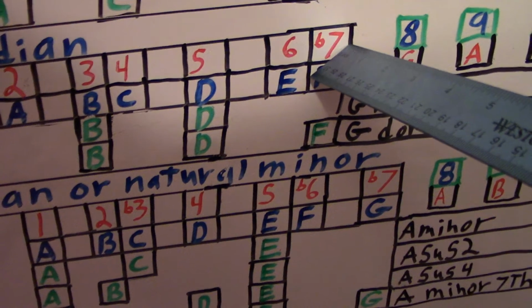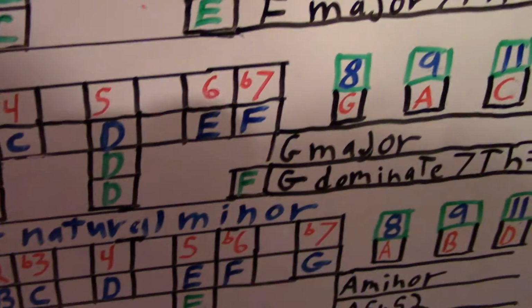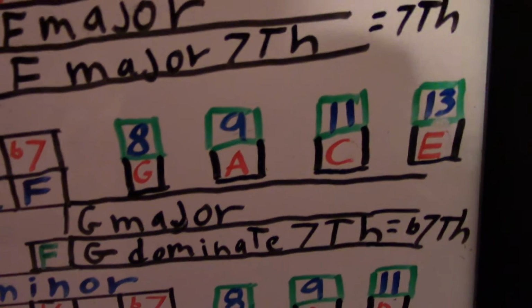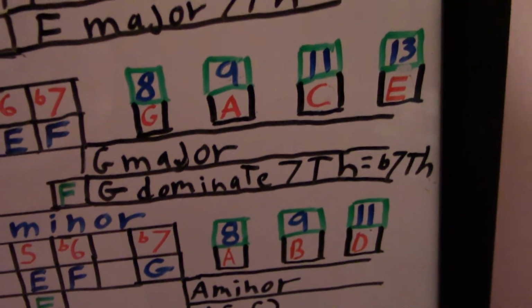And what is that? The root, third, fifth, and a flat 7, which gives us G, B, D, and F. There are the interval structures for the 8th, 9th, 11th, and 13th intervals of the G Mixolydian scale.